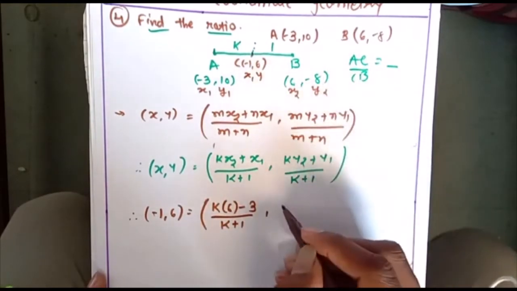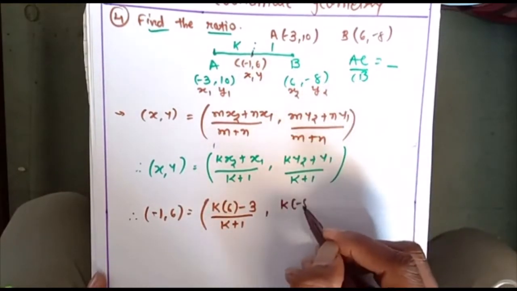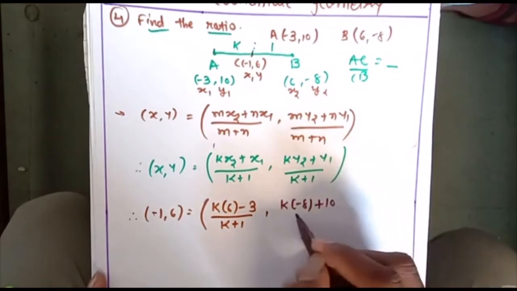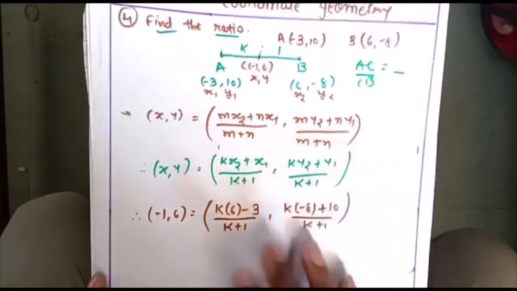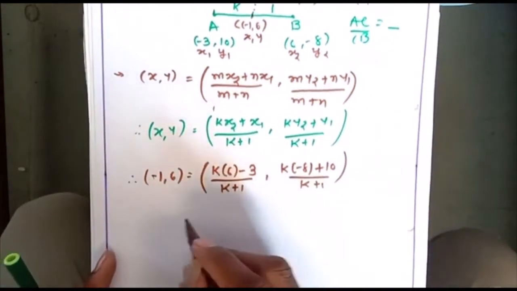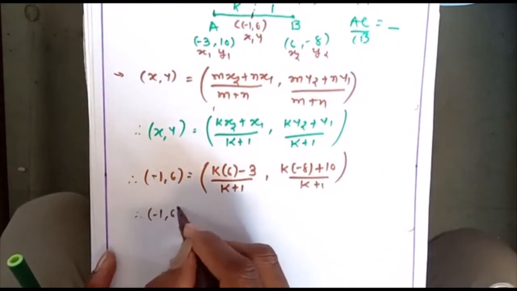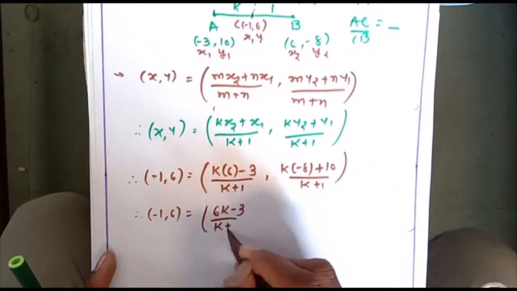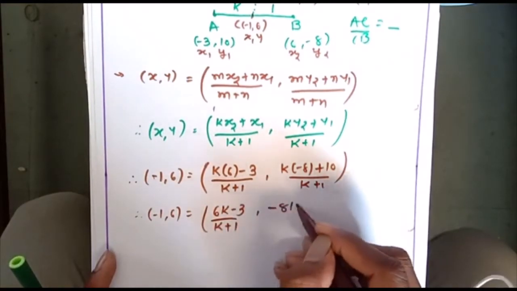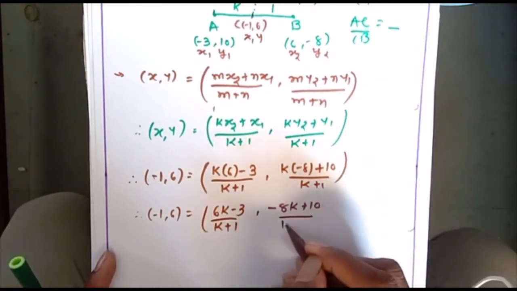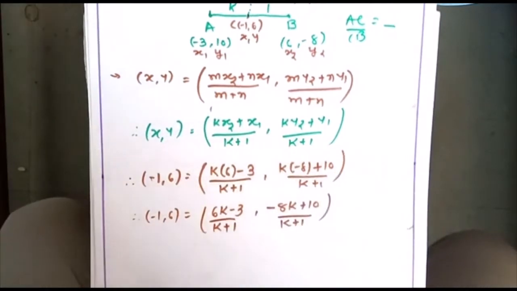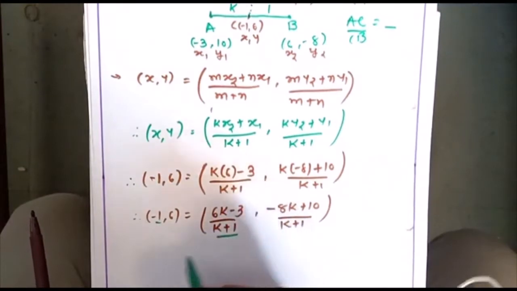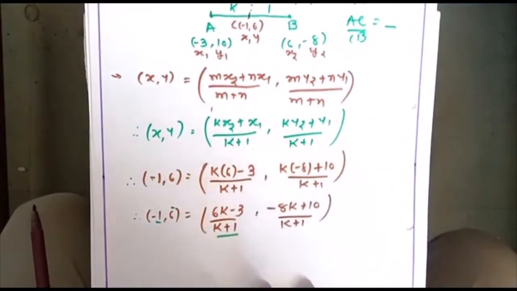On the other hand, y2 is -8, y1 is 10, so (-8k plus 10) divided by (k plus 1). So here (-1, 6) equals (6k minus 3) divided by (k plus 1) and (-8k plus 10) divided by (k plus 1). Comparing both sides, we get -1 equal to (6k minus 3) upon (k plus 1), and compare y coordinates.